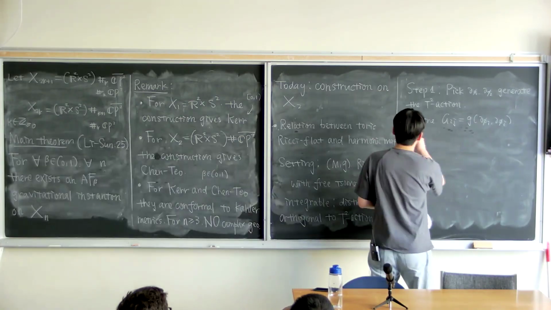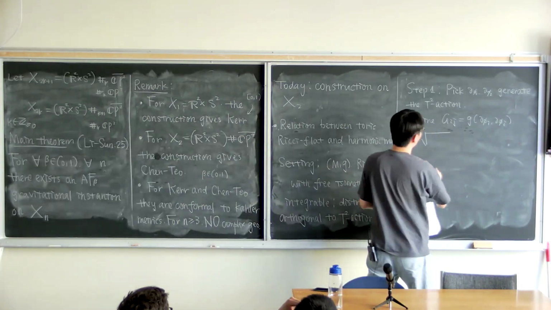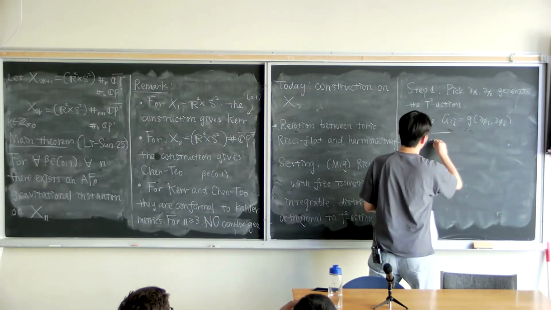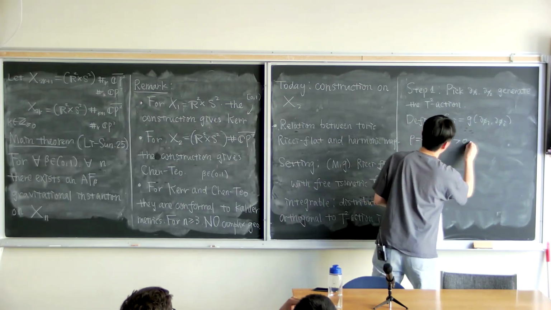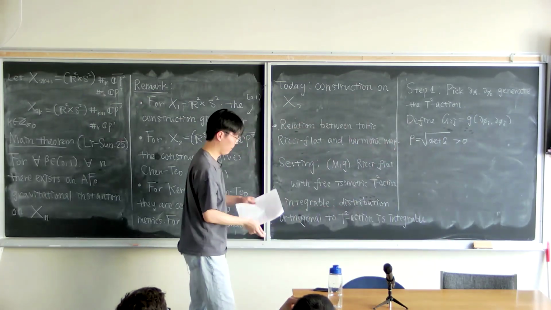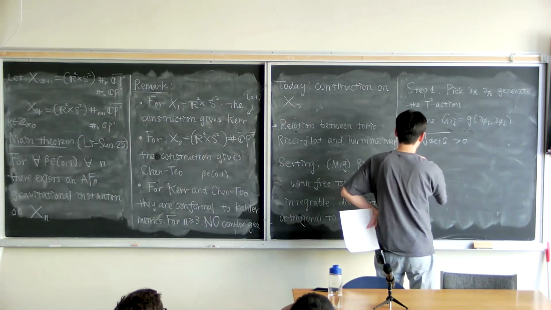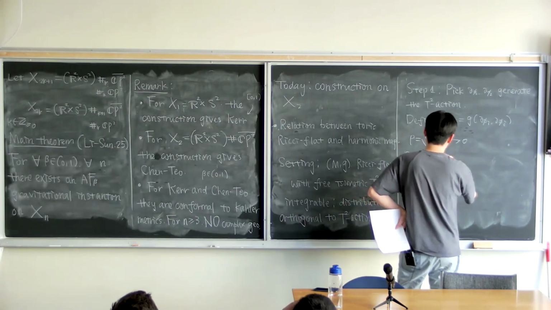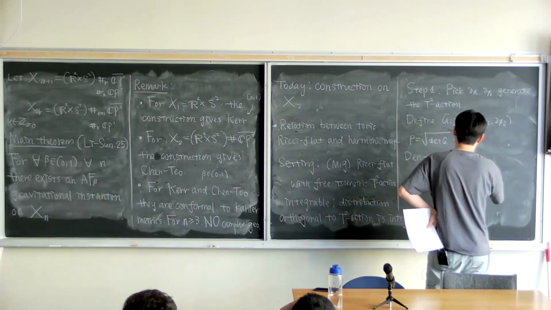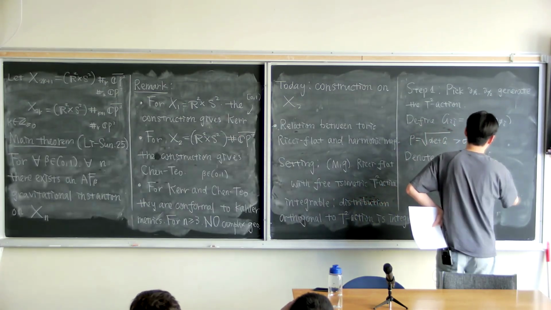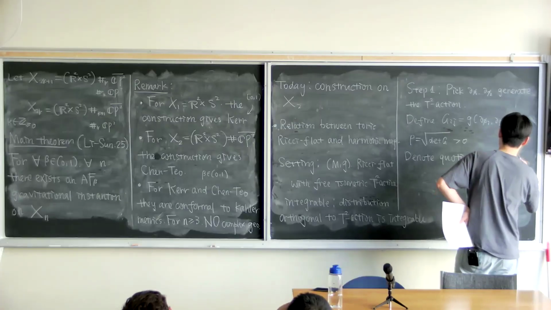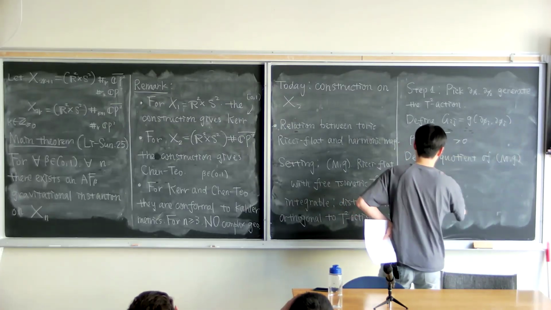We also define rho to be the square root of the determinant of your G, which is positive. And I'm also going to denote the quotient of Mg by the T2 action as NH.